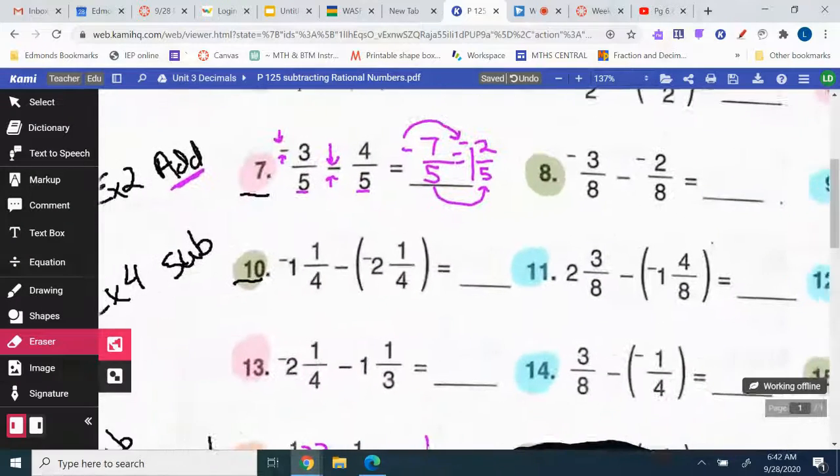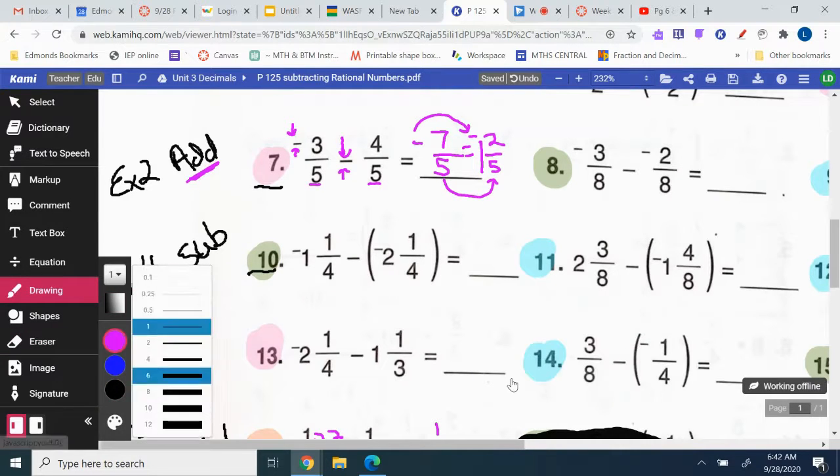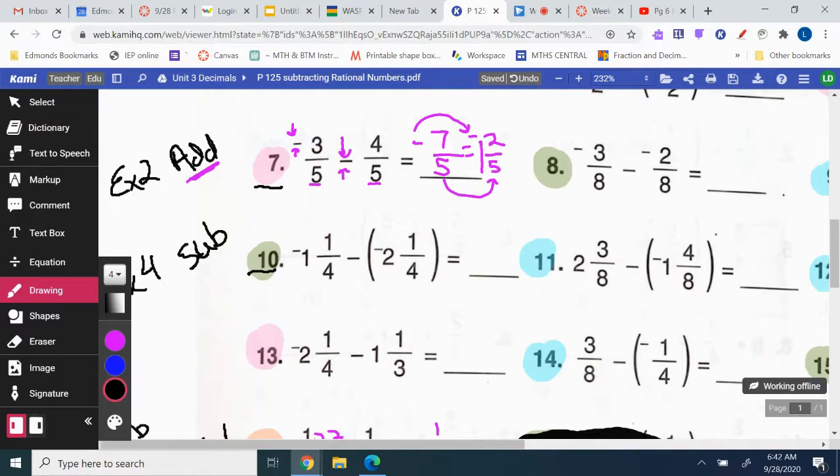Now our last example is where everything has a negative sign. So we're going to go back and do what we did with example 3. And we're going to change this sign to a positive. And now we're doing what we were doing last week when we have different signs.